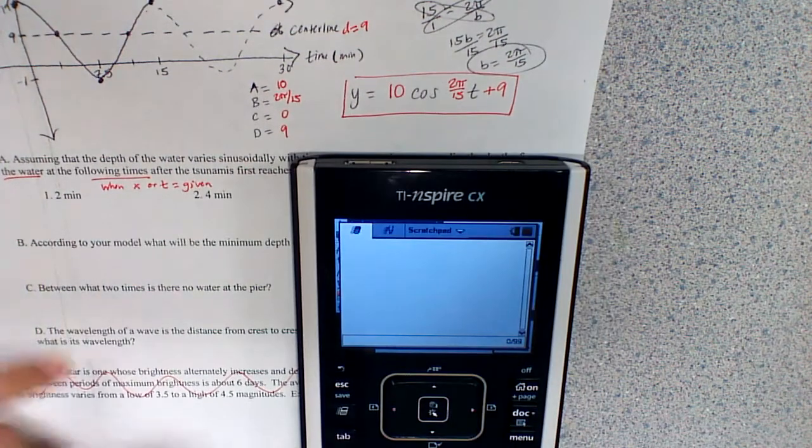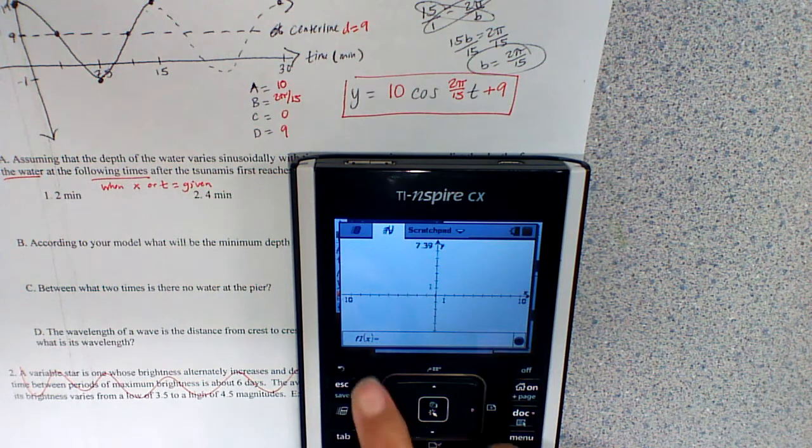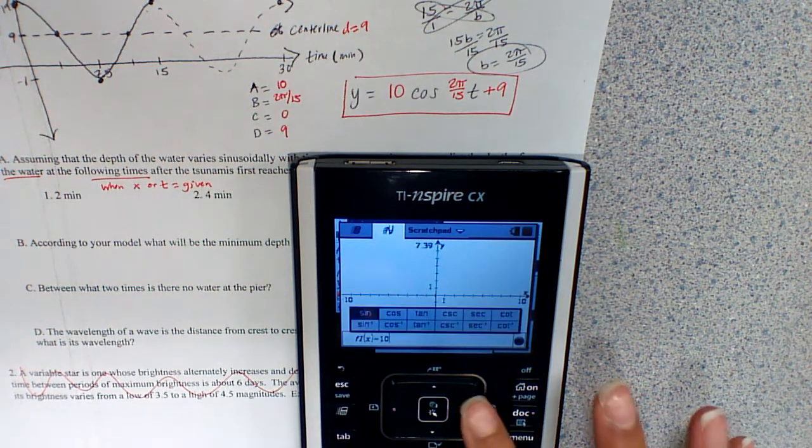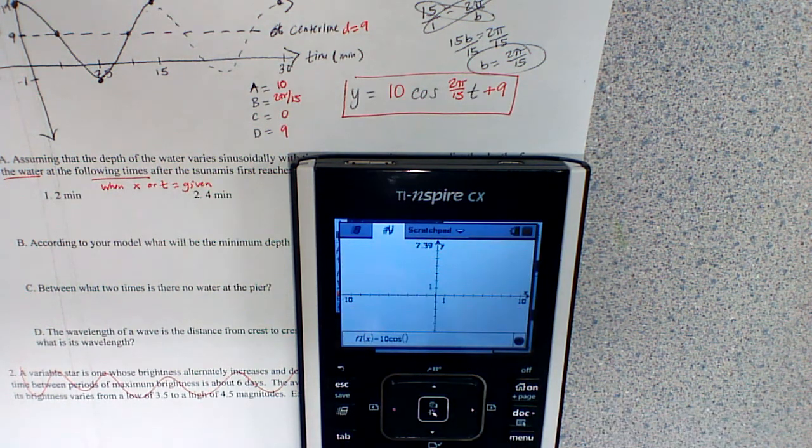So I'm going to go to my tab and I'm going to type in 10 cos of 2 pi over 15. And let me put in an extra set of parentheses so I can cover myself. And plus 9 at the end.